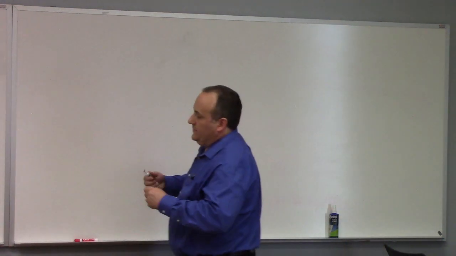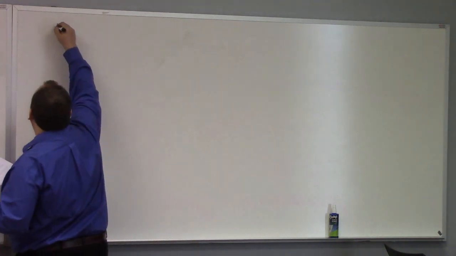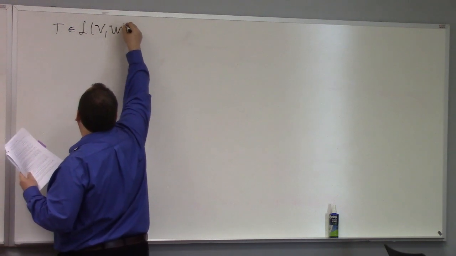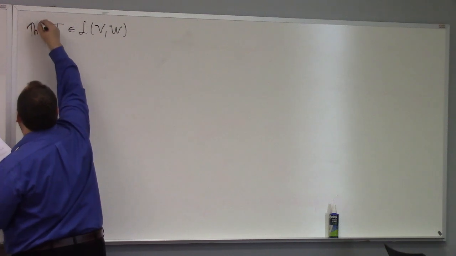Okay, so here's the deal. T, a linear transformation from V to W. All right. Number one. This is a theorem.